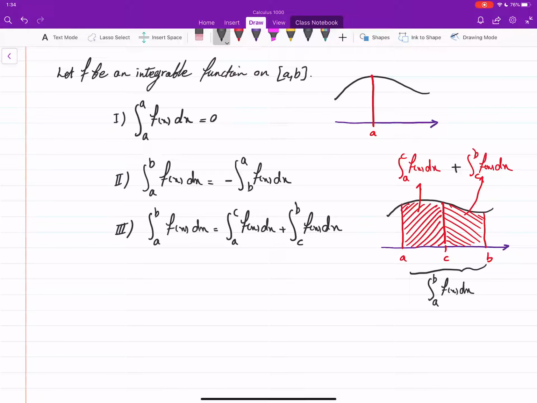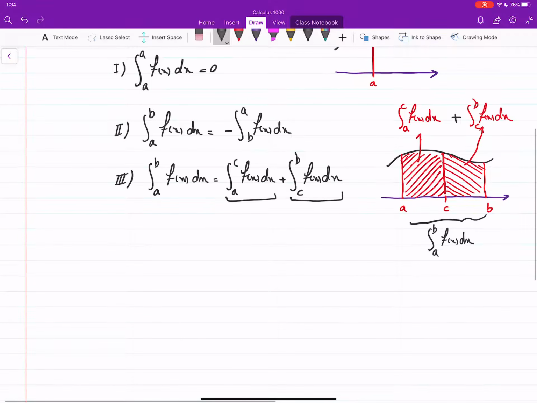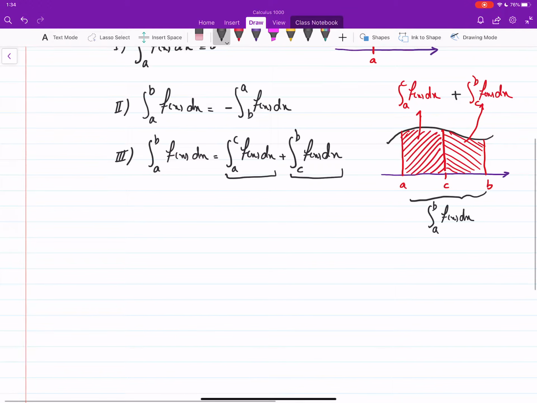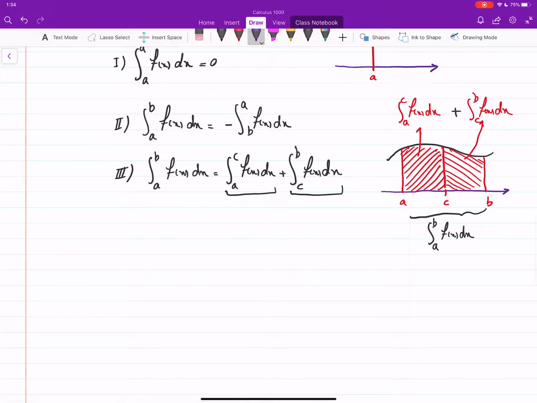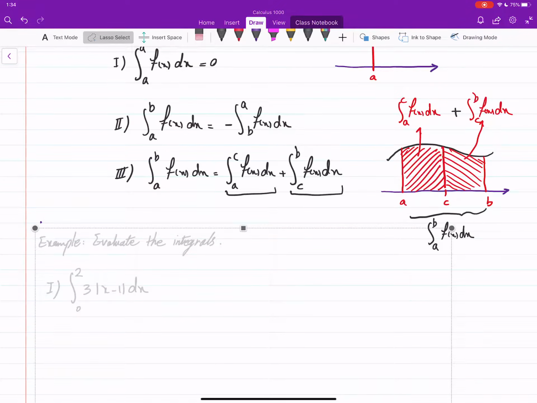So you integrate first from a to c and then from c to b. Add these, and the result will be the same as integrating from the beginning a to the end b. Okay, so these properties are what we have to know, and let's just do some examples for this.